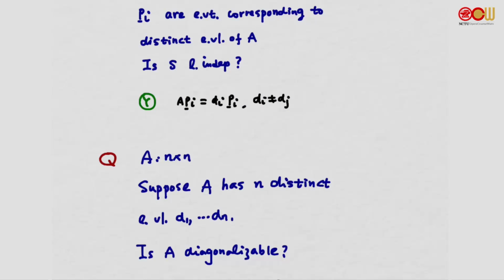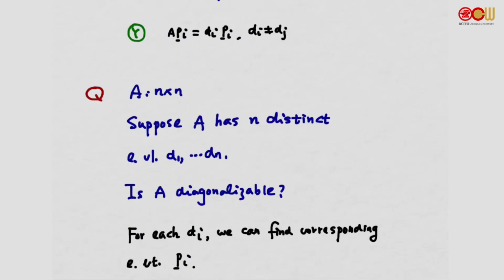Now suppose A has n distinct eigenvalues. So A has n eigenvalues, and all these eigenvalues are different. d1 to dn, they are all different eigenvalues. Is A diagonalizable? For each di, we can find a corresponding eigenvector pi, right?